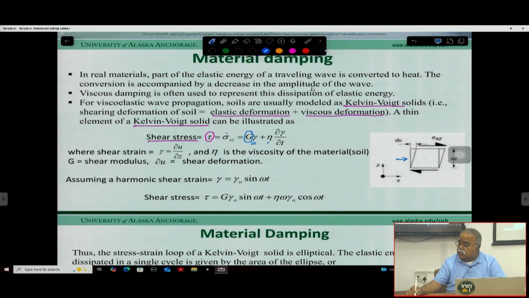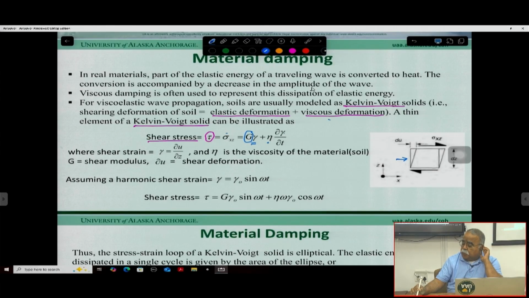So the shear stress is proportional to d gamma by dt multiplied by eta. Eta is the viscosity of the material, and it is the soil. So the soil will have a viscosity, and that will be providing this viscous deformation.